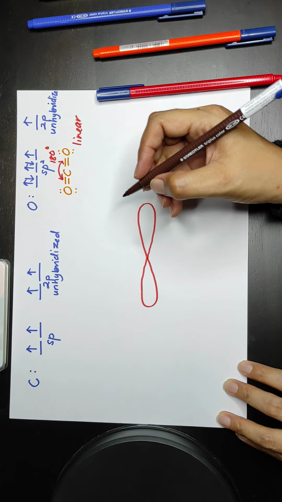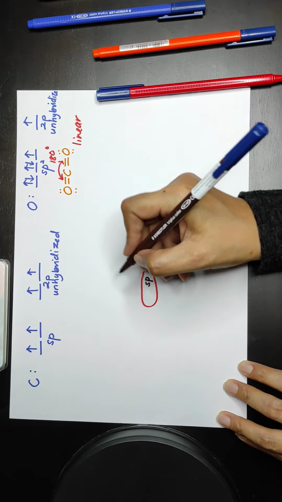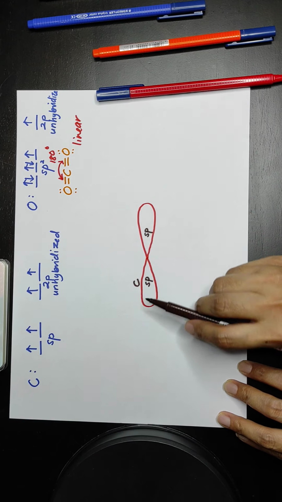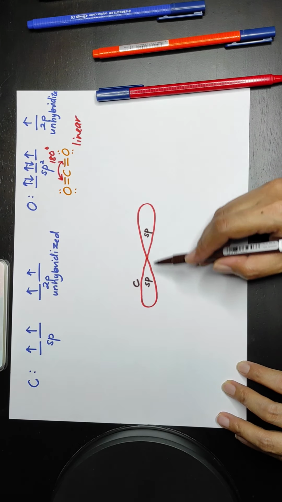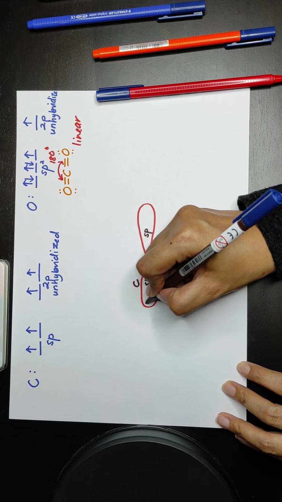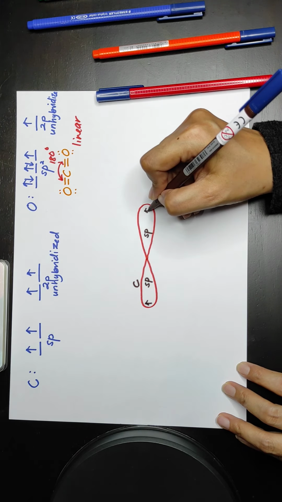Let me label it here, sp, and I put the label carbon here. In each sp hybrid orbital of carbon, one unpaired electron occupies.